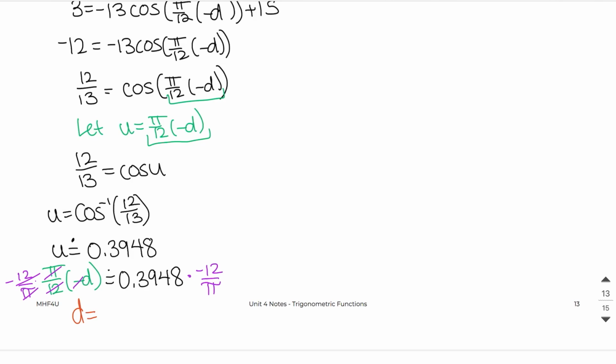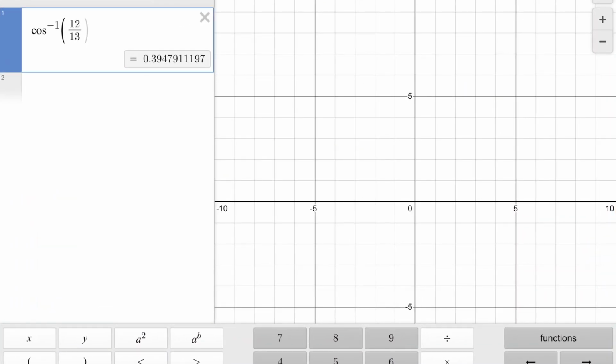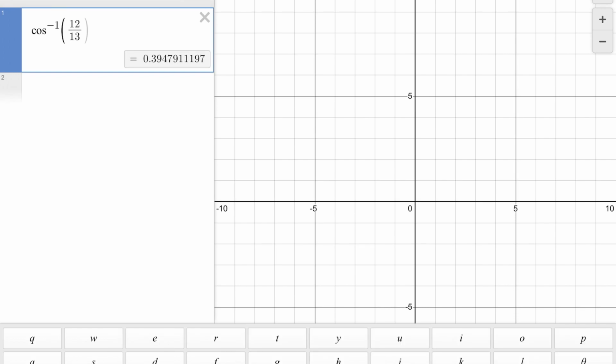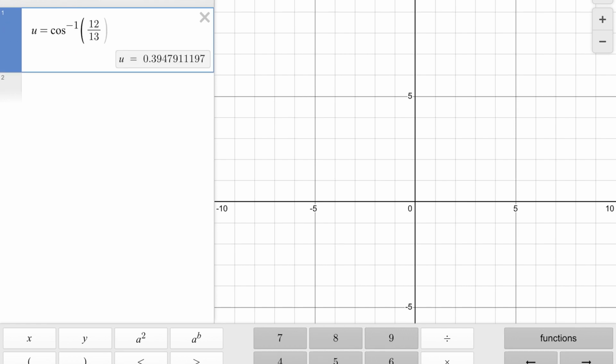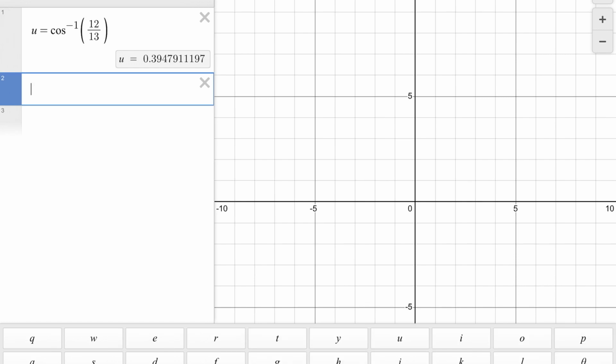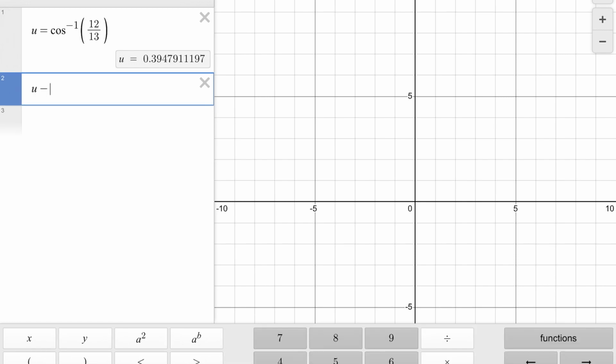So like I rounded when I wrote down my answer right here. But if I actually set this equal to u, and again, if you want me to show you how to store variables in your calculator, I'd be happy to help you out with that in class. And all I want to do is take my u value and multiply that by negative 12 over pi.